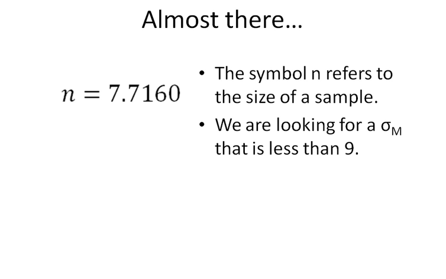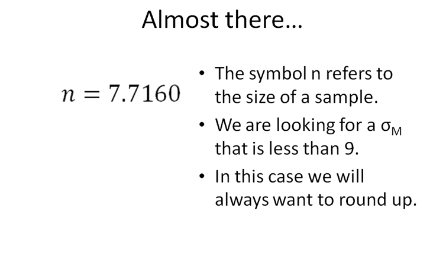So even if we used this number as n, which we can't because it refers to a fraction of a person, it would still give us a standard error that's exactly equal to 9. For this reason, we will always want to round up, even if, using our standard rounding procedures, we would otherwise round down.